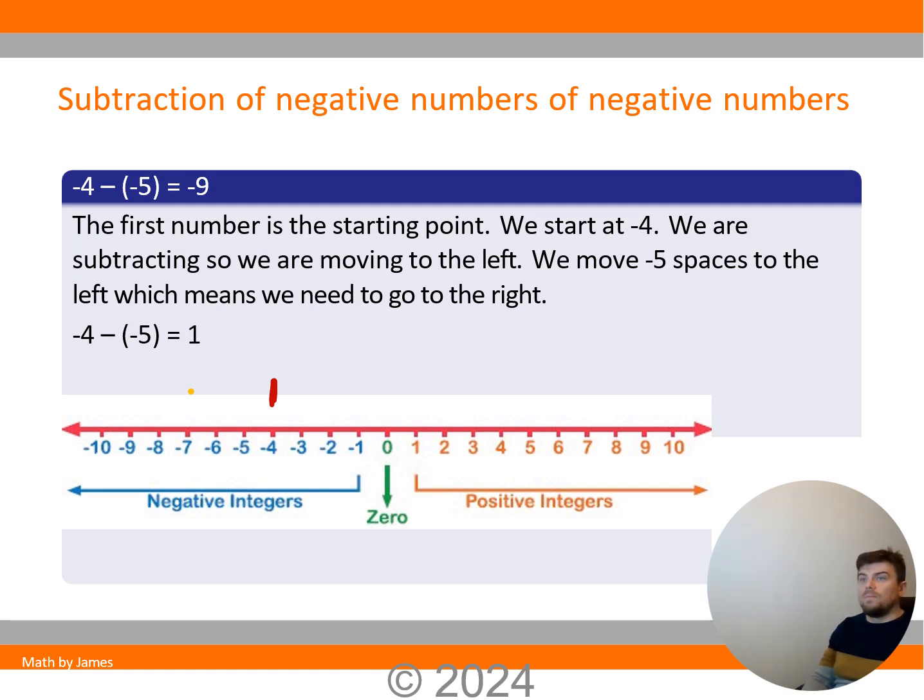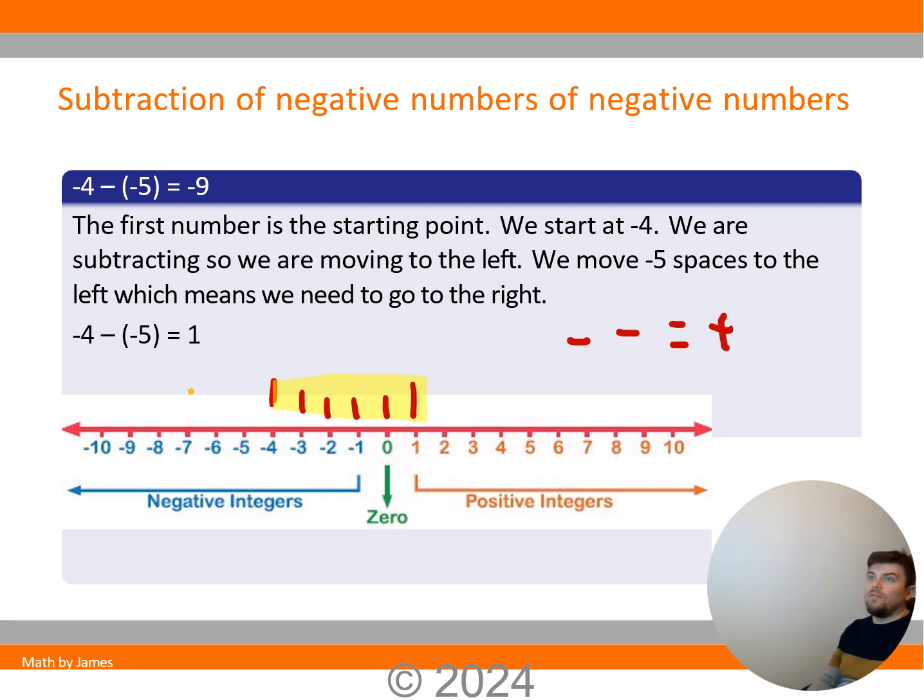So we've got 1, 2, 3, 4, 5. So it's like an addition. When we put these together, it's like we're adding when we have two negatives.